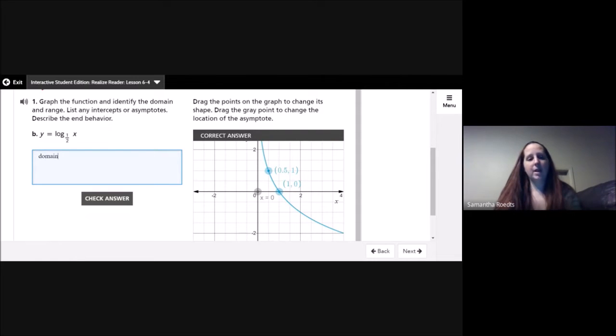So for this one, my domain is still x, where x is greater than 0. Range is all real numbers. My x-intercept is at 1. My asymptote is the y-axis. My end behavior: as x approaches 0, y approaches negative infinity.